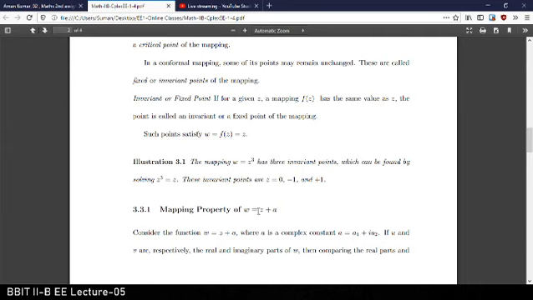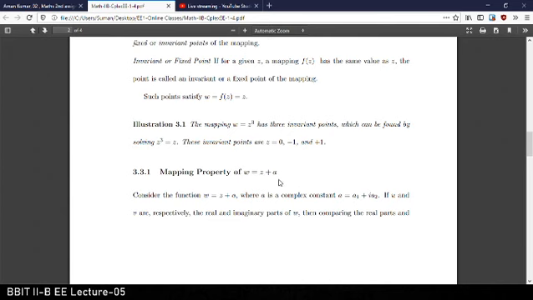Now consider a simple mapping. How is it? w equal to z plus some constant. This constant may be real or may be a complex number. If it is a complex number, I can write a as a constant, which may be complex. That means it may have two components, say a1 plus i a2. Clear? After the mapping, what will happen?